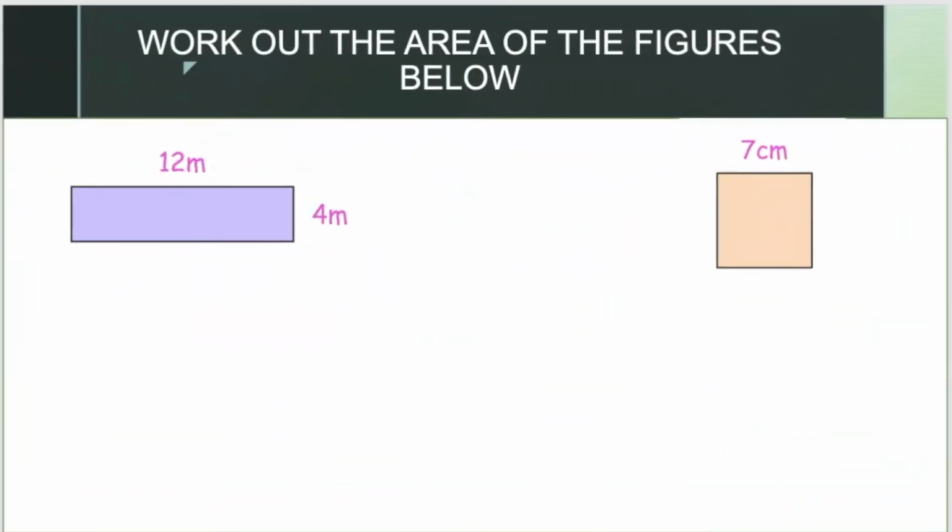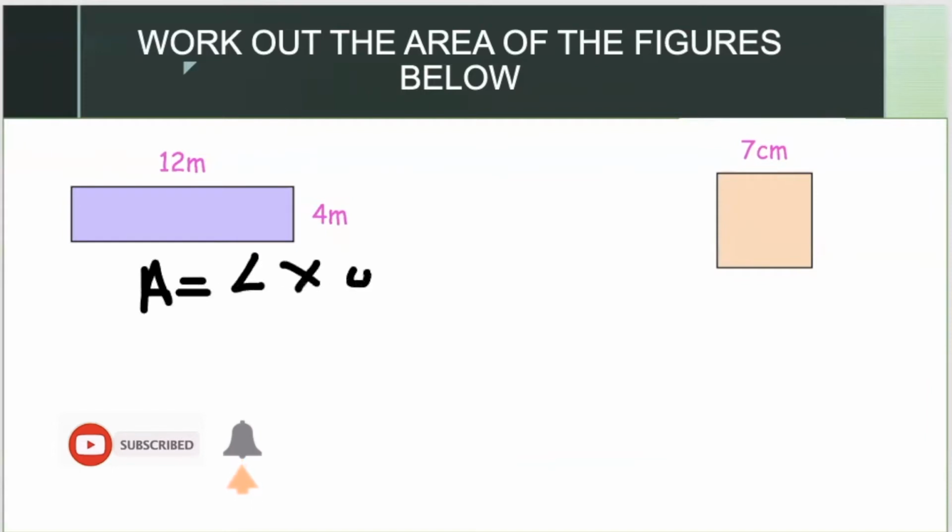Here we need to work out the area of the figures below. This is a rectangle. Here we can see this side is 4 meters, while this side is 12 meters. Let's say this is the width and this is the length. So the area is equal to length times width.